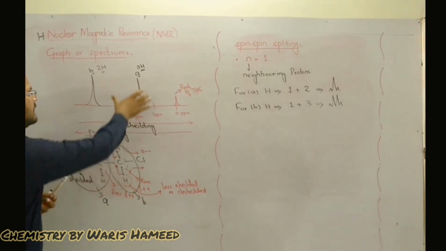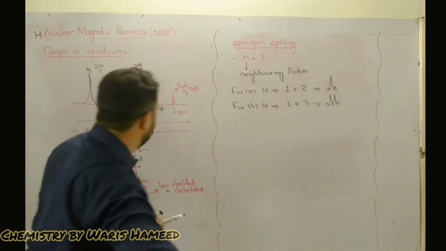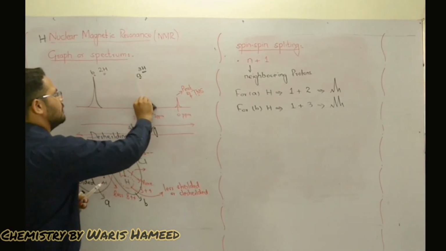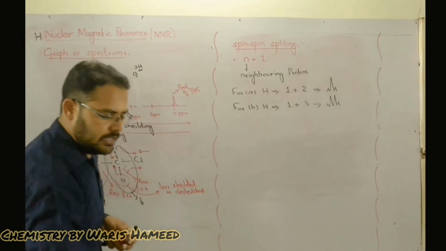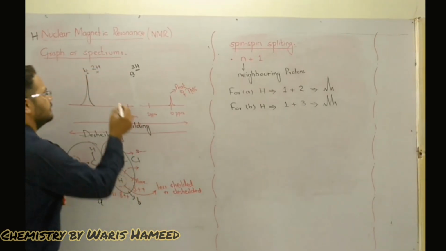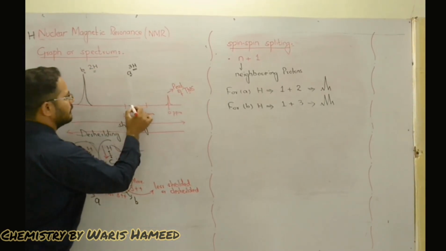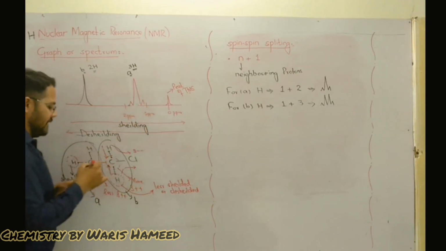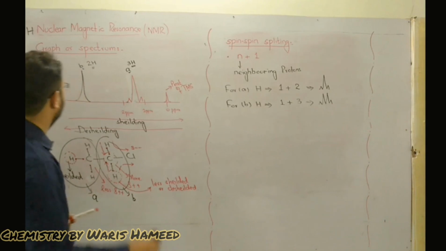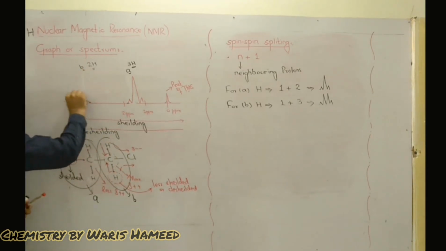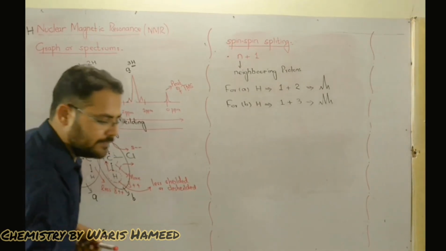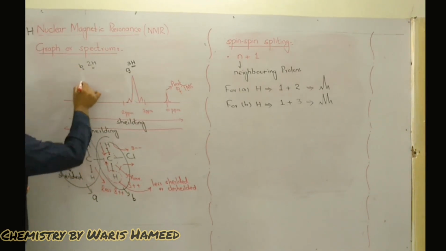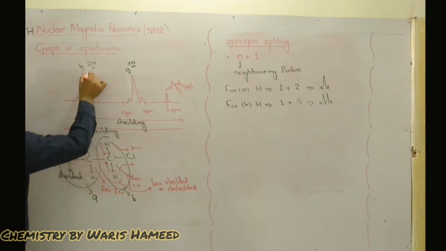So here the peak for proton A should be as shown, and the peak for proton B should be as shown.